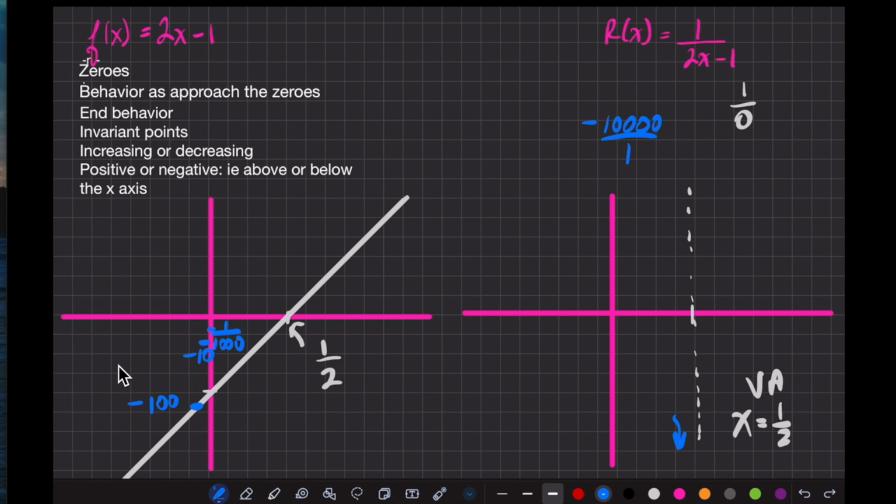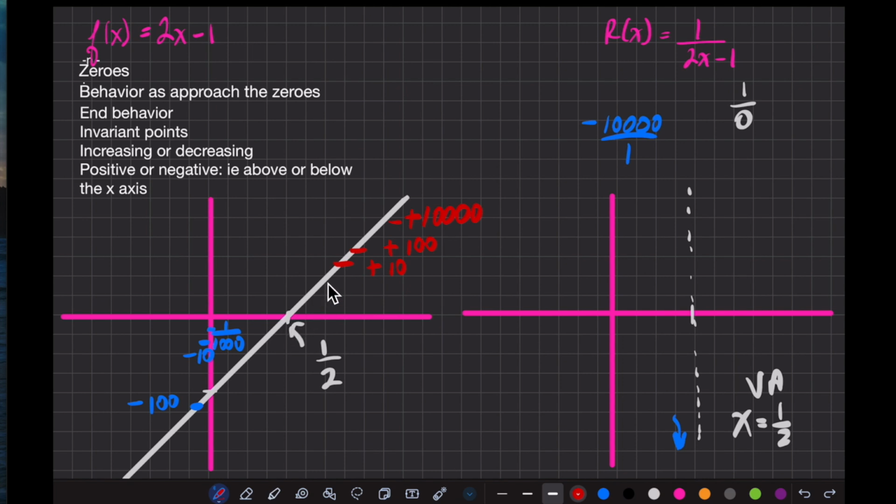Okay, now folks, let's look at the behavior of the original graph as we approach the 0 from the right. Okay, so up here we're going to have a huge positive number. Let's say positive 10,000. This is going to be positive 100, positive 10. Again, I'm talking about the y value of the original function as we approach where the graph equals 0.